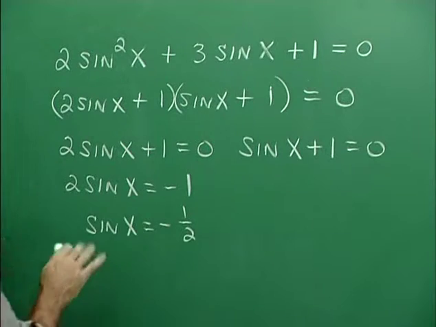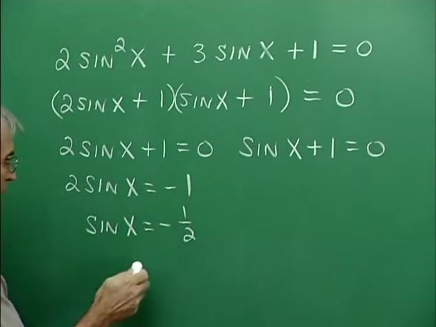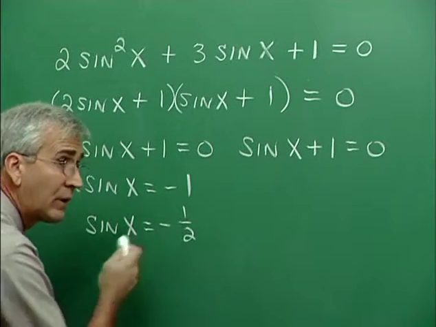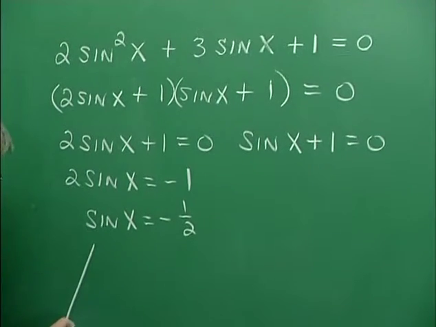Now let's think about sine x being negative. In what quadrants? And what kind of angle are we talking about here for this angle x? For 1/2, we're thinking maybe this way.